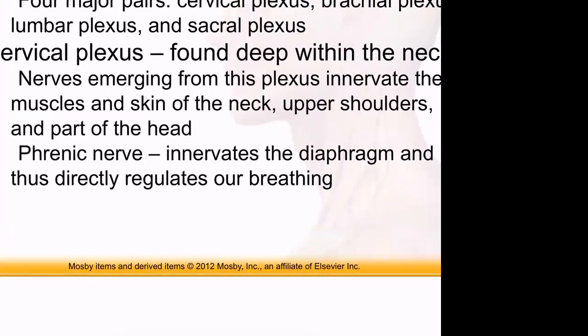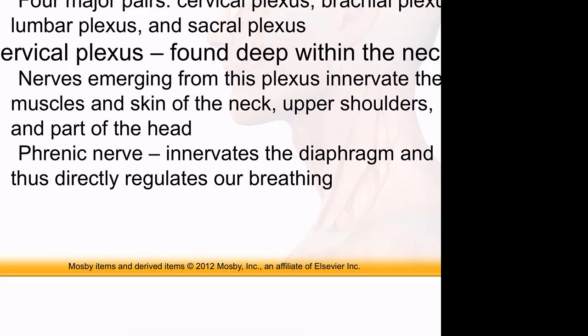But there is one thing on here that I do want to include. We'll see this again when we talk about the respiratory system, but I want you to see it now. The phrenic nerve, phrenic, spelled with a PH. This is important because it innervates the diaphragm.